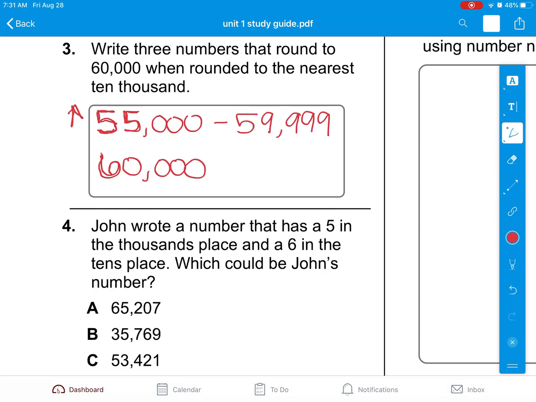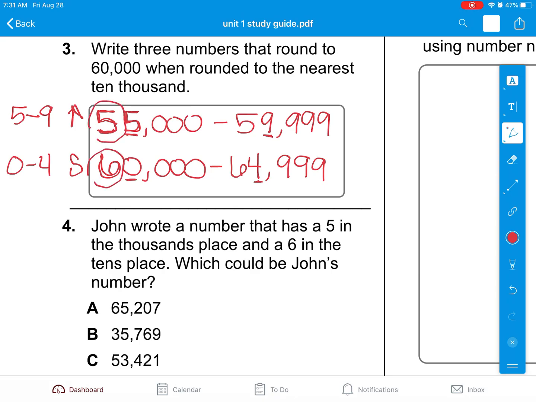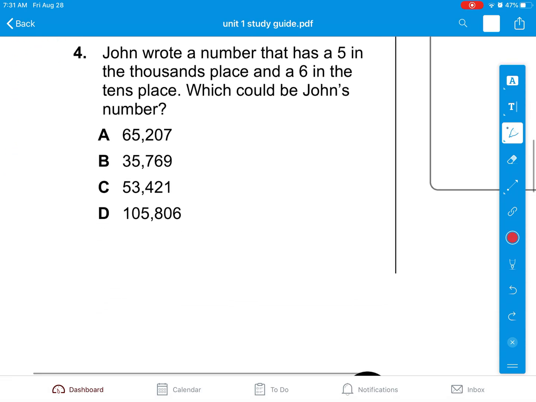So it could have been any number between 60,000 and 64,999, because those would have stayed the same. Because our rounding rule says 5 to 9 goes up, 0 to 4 stays the same. So these would have rounded up to 60,000, and these would have rounded down or stayed the same and still stayed 60,000. So any number between those.